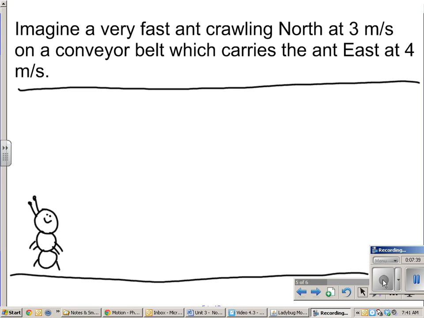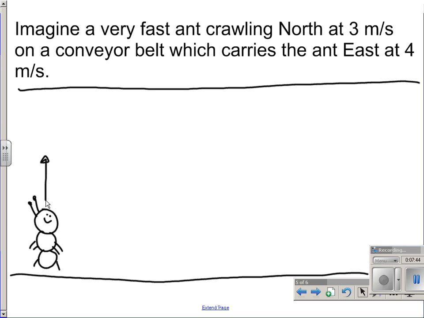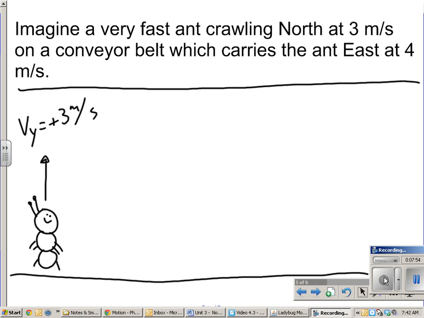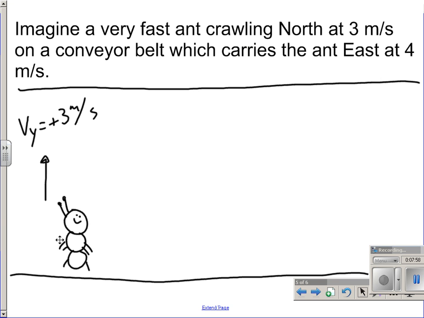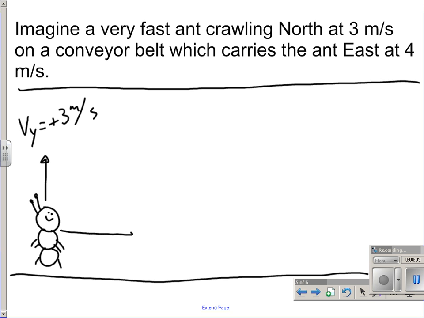Okay. So what's going to happen here is this. As the ant moves, he's crawling this way at 3 meters per second, right? He's crawling vertically at 3 meters per second. All right, and because he's on this conveyor belt, he's also moving this way horizontally at 4 meters per second, right?